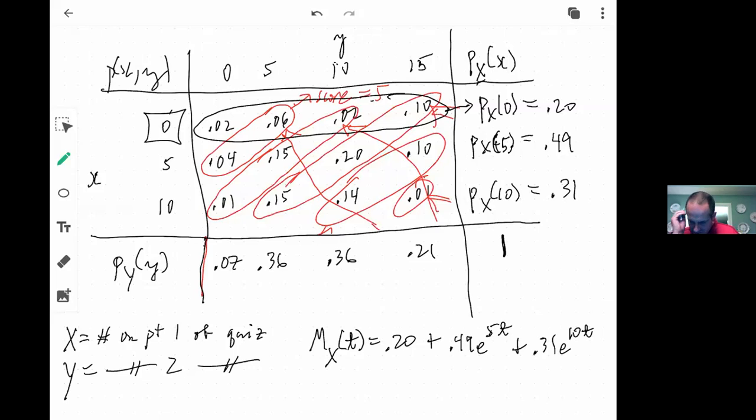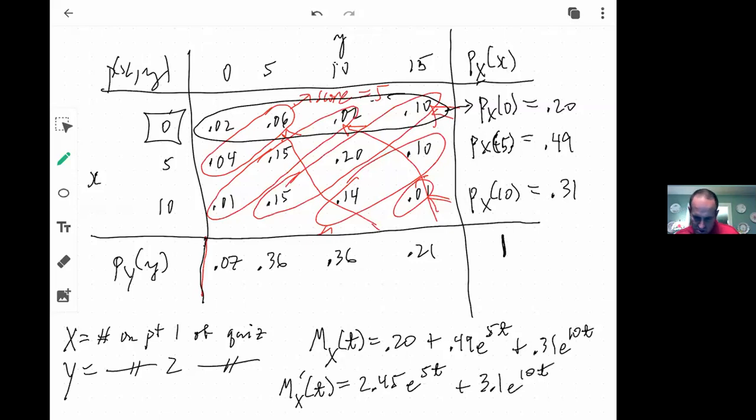Well, I would have to take the derivative of this. Okay, so like mx prime of t equals, okay, the constant term goes away, and then I would have 5 times 0.49, because of the chain rule. So that would be 2.45 e to the 5t plus, okay, 10 times 0.31 is 3.1 e to the 10t, okay?